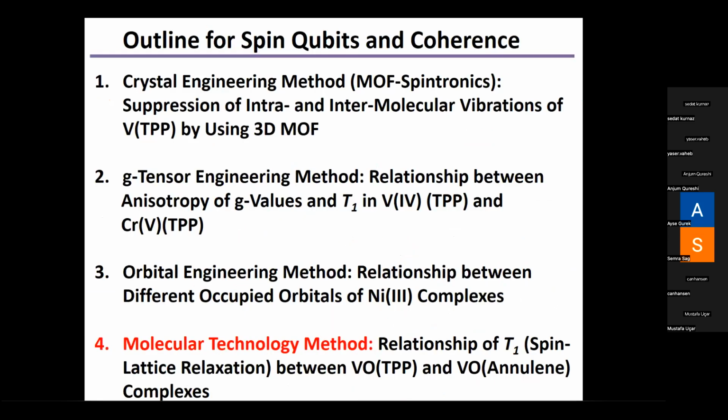So finally, I focus on the molecular technology method. Molecular technology is perfectly different from molecular design. Molecular design is to realize a property, but molecular technology is to realize a real application. So the relationship of T1 spin-lattice relaxation time between VO TPP and VO aniline new macrocycle ligand.